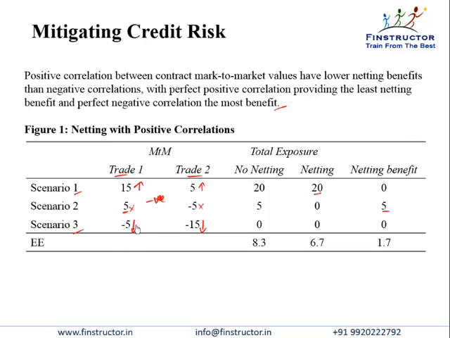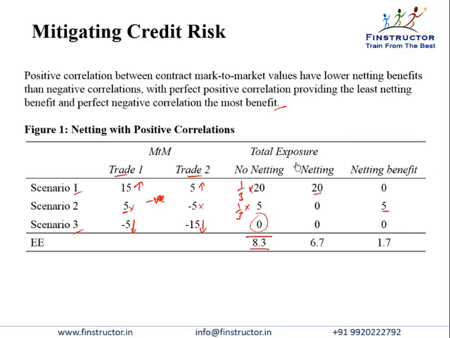Again, in the third case, where there's high positive correlation, that is both are negative at the same time, without any netting also there is no exposure because I have to make the payment. And even with netting there is no credit exposure. So you can calculate expected exposure. That is, if all these scenarios were equally likely, we would do 1 by 3 into 20 plus 1 by 3 into 5.